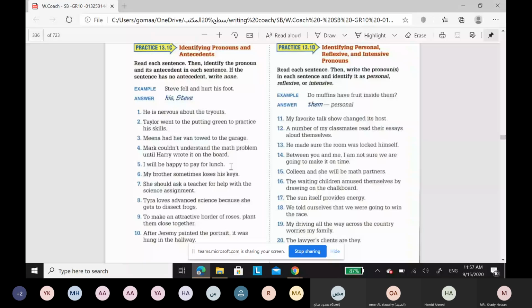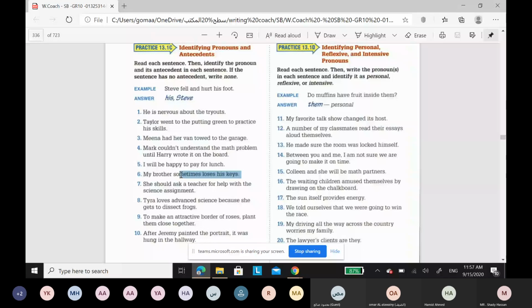So I'll be happy to pay for lunch. Where's the pronoun here? I. Yes, I. That's a personal pronoun. Number 6. My brother sometimes loses his keys. His. That's right. His keys. Fine.